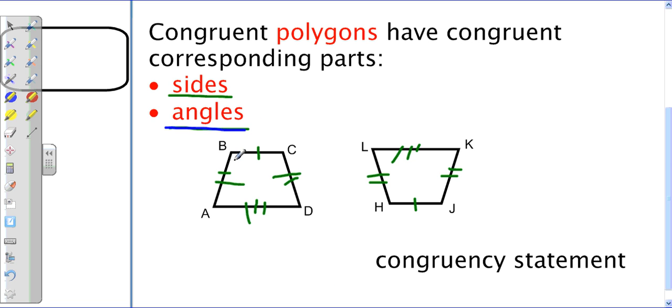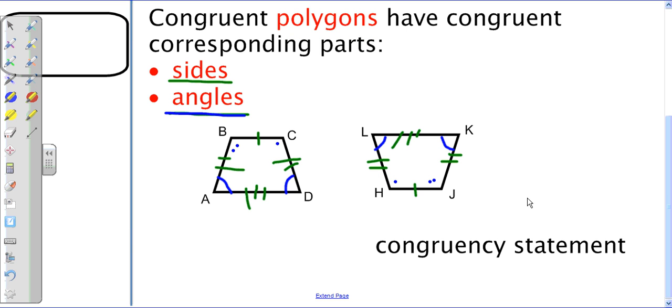So we want to know for a fact that, for example, angle D corresponds to angle L. Angle A is congruent to angle K. We want to know angle C is congruent to angle H. We want to know angle B is congruent to angle J. So if we know all of those things, then we can write a congruency statement.